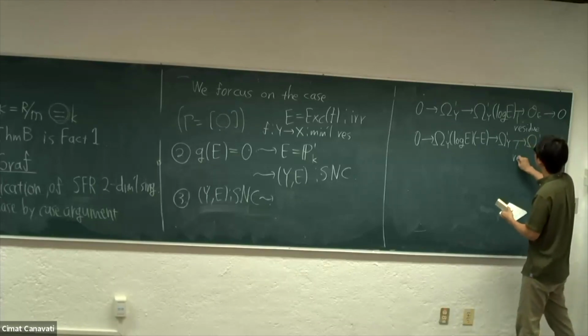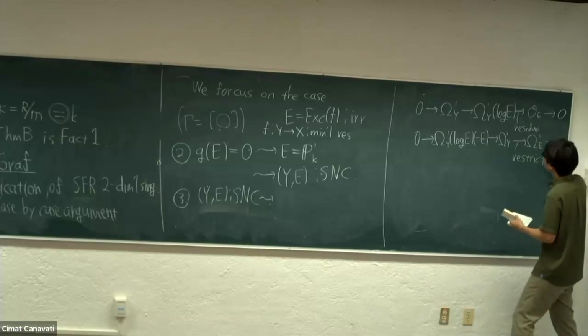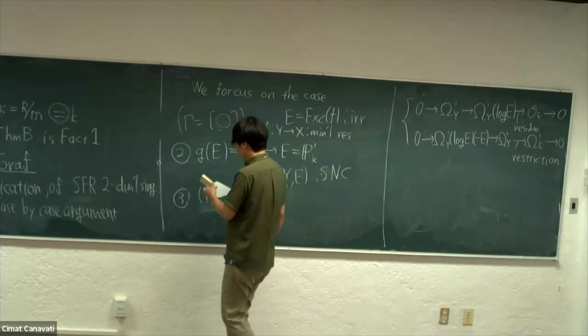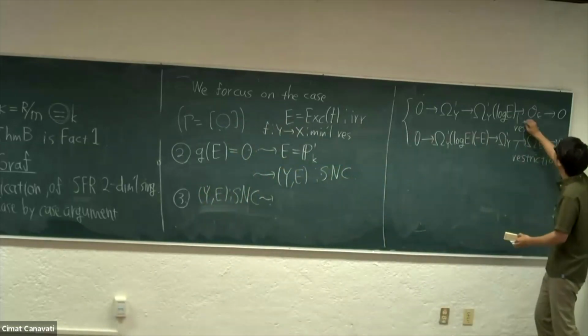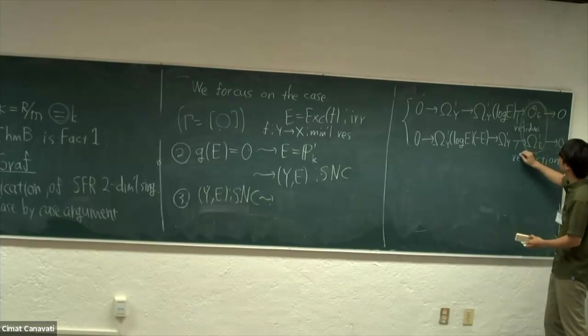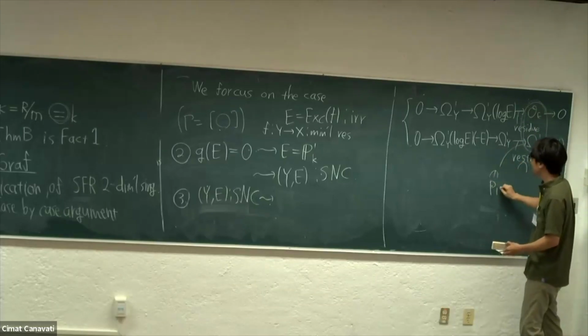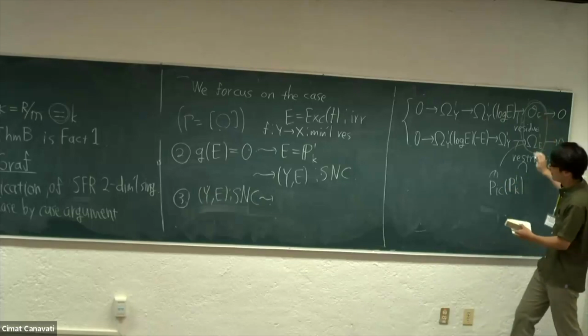This is the restriction map. So we have such an exact sequence. And this is just an invertible sheaf on P1, so we can know everything about them.